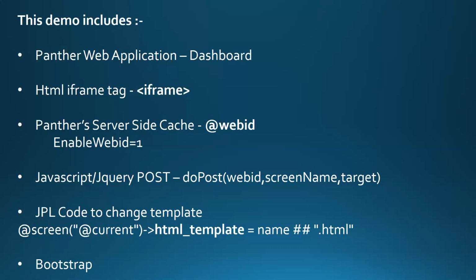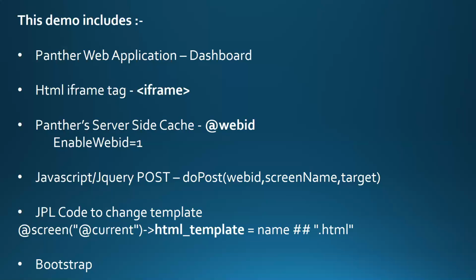You can pass this cache ID, this @webid property, while making the request. You can send it as a query parameter while making the request, or you can use the jQuery Ajax post request and pass this web ID in that request.